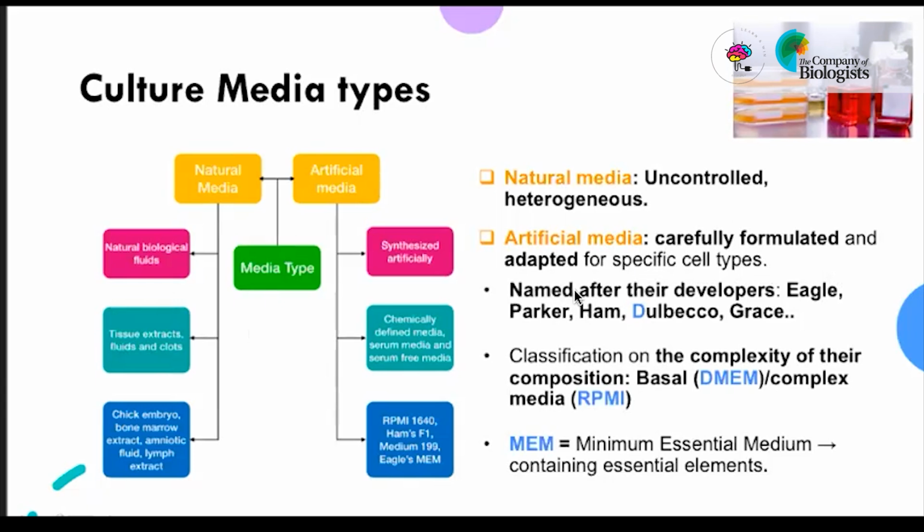They are often named after their developers, like Eagle, Parker, etc. Media can also be classified based on the complexity of their composition as either basal, like DMEM, or complex, like RPMI.